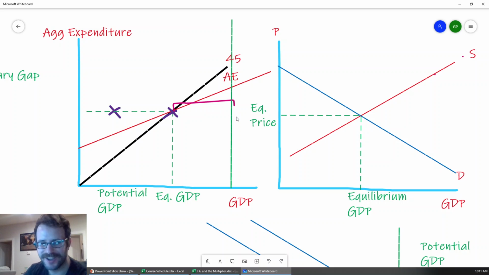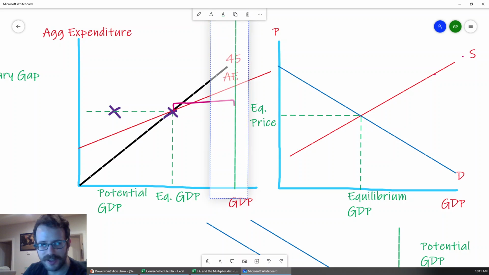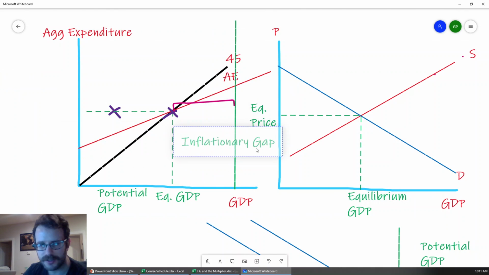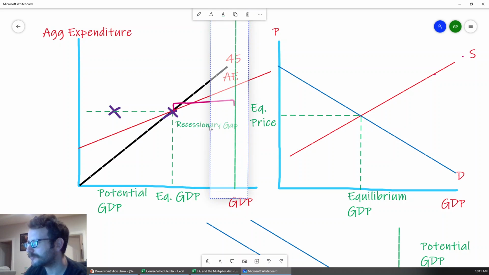If your potential GDP is like here, this is now your gap, and it is a recessionary gap. Okay. Let's bring it down.